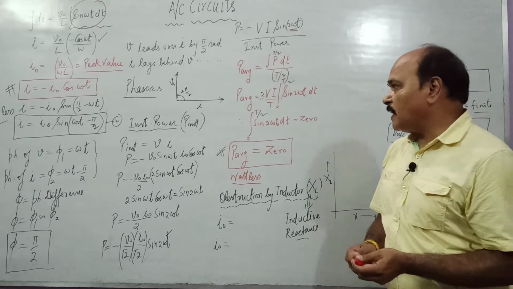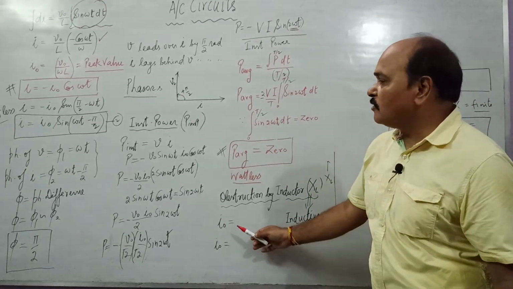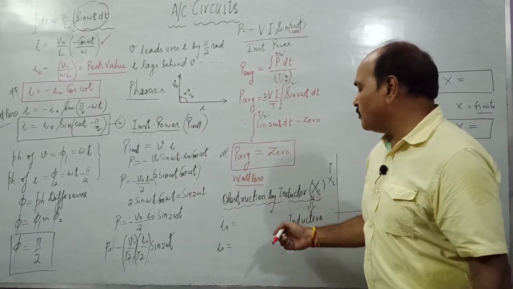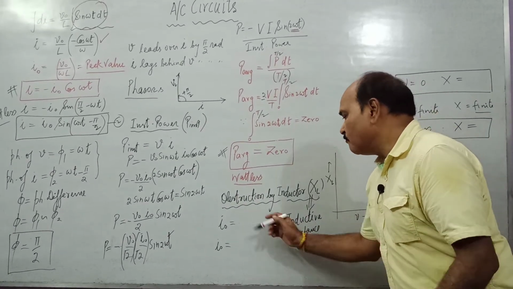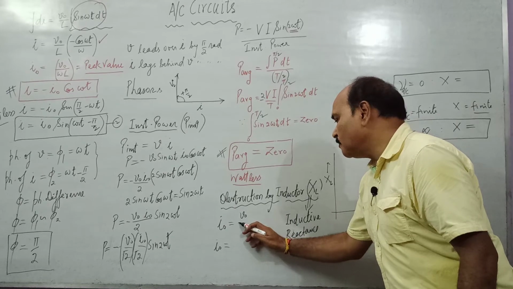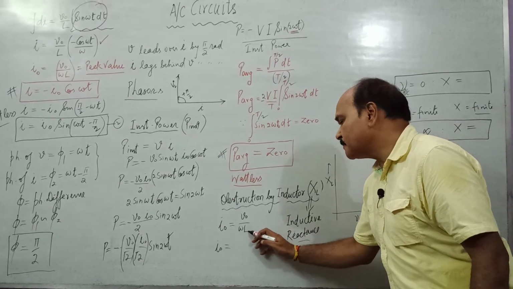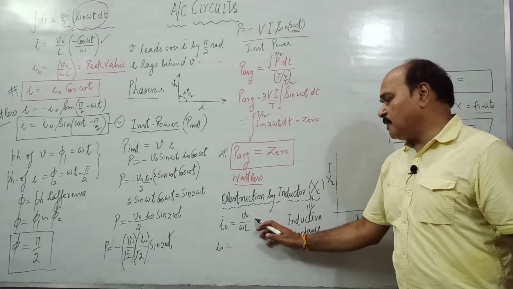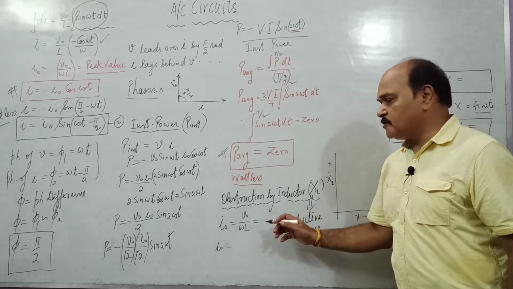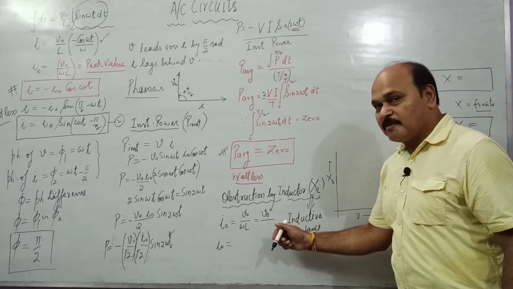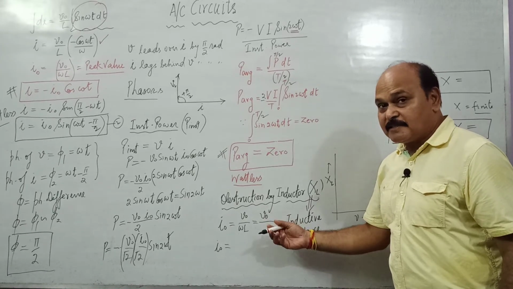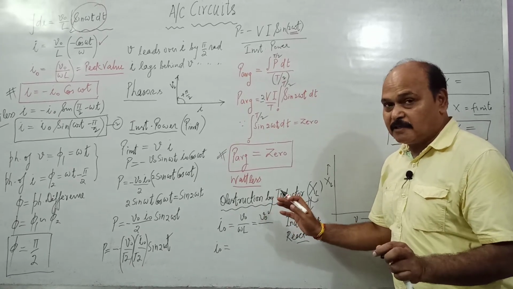We have written this I naught as V naught upon omega L. And we know that any value of current is always equal to the ratio of voltage upon what? Resistance. But we do not say resistance here.